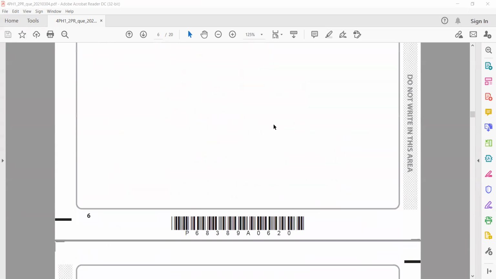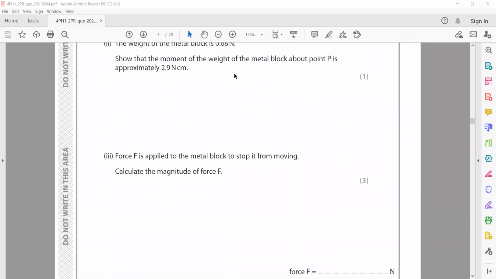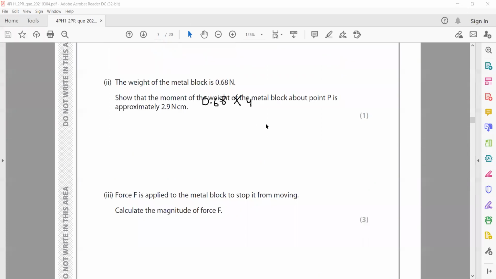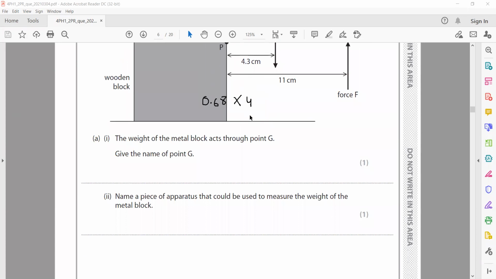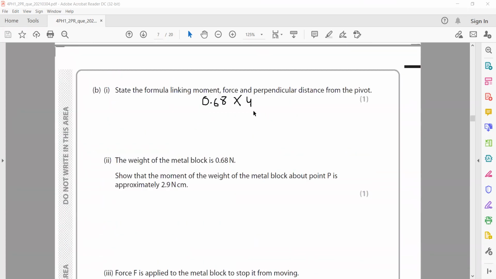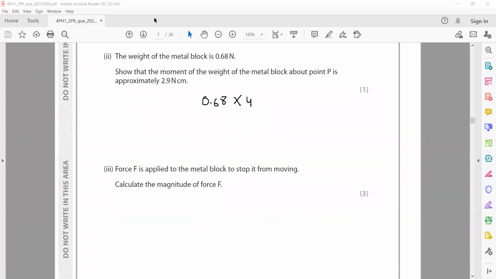So 0.68, the force, multiplied by the distance from the pivot, which is 4.3 centimeter. Which is approximately 2.9 newton centimeter.